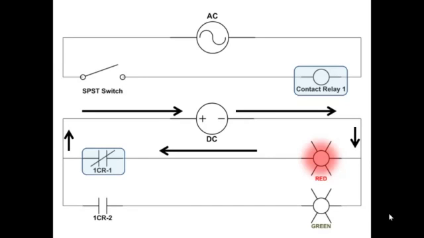Okay, do you recognize this circuit? This is the other part of the circuit that has a DC power supply, has two relay contacts with a common, one normally open and one normally closed, and we've gone so far as to identify the contact relay as contact relay 1, and then we identify the contacts as 1CR-1 and 1CR-2.